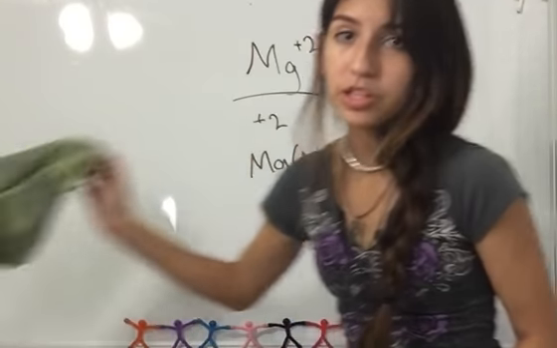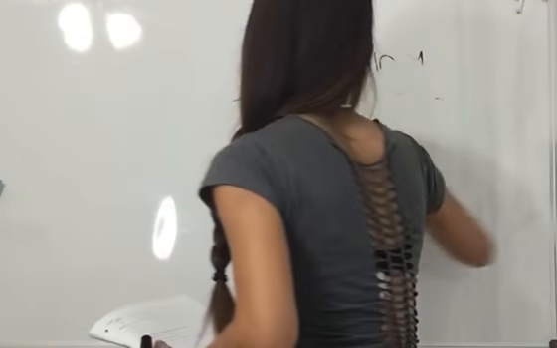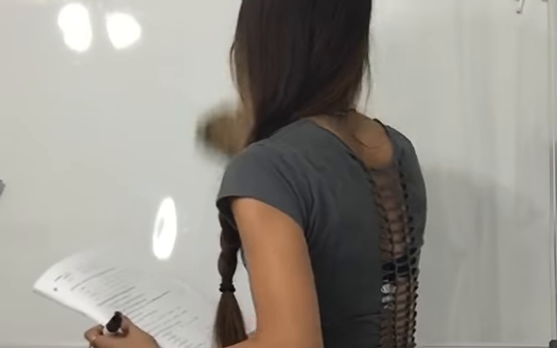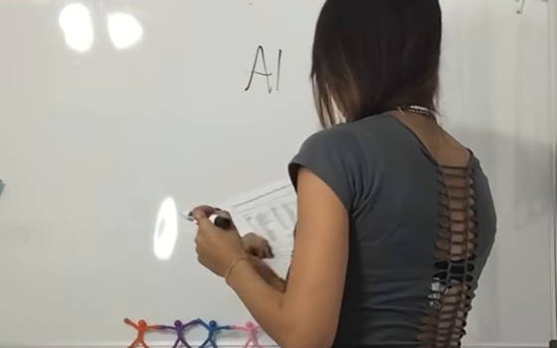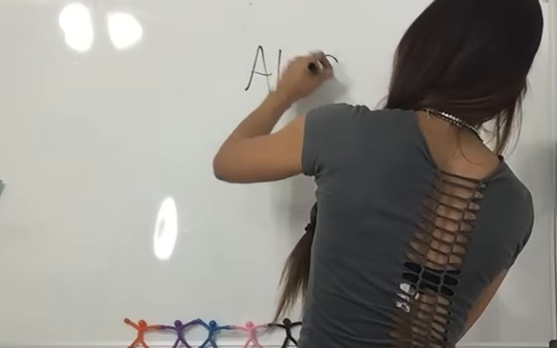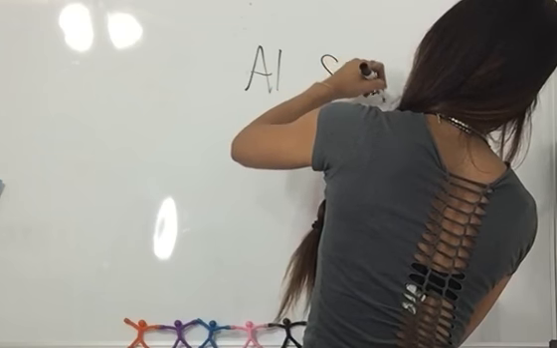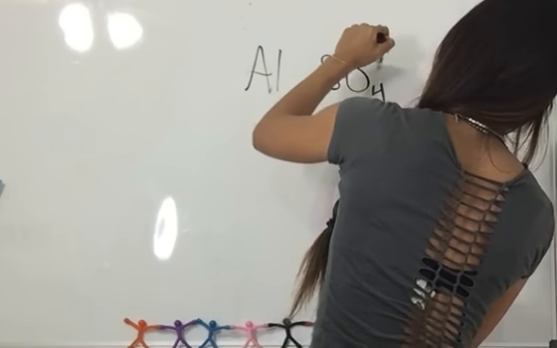Now let's do an example that's not in the book so that you can get extra practice. Let's say aluminum and sulfate. Sulfate is SO4 and it has a charge of -2.